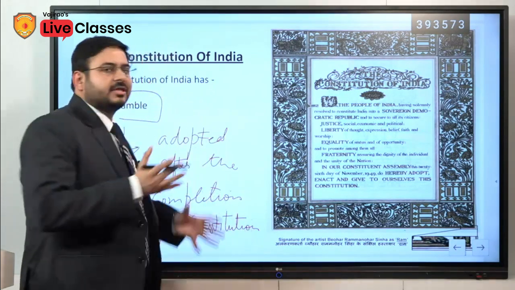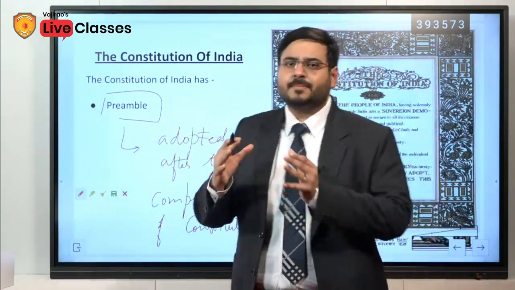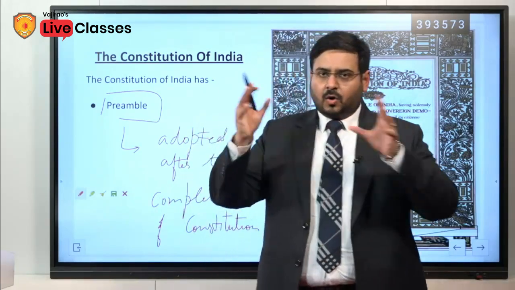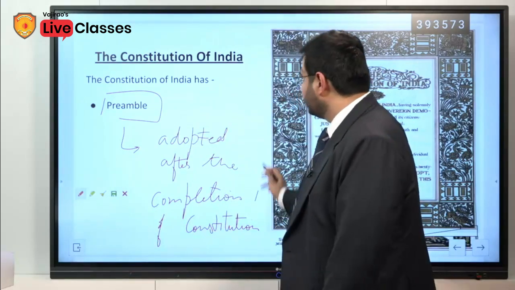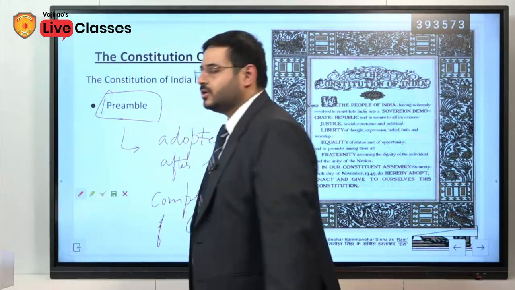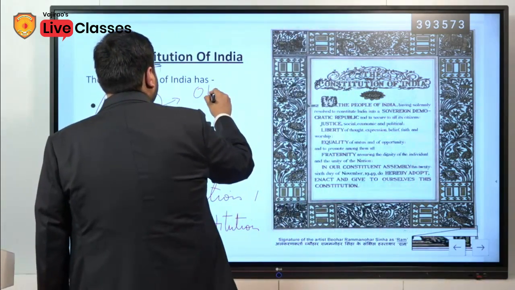So unlike the United States of America, where the preamble was adopted first and then the Constitution was written, in India the whole Constitution was completed and then we got the preamble. Okay. Preamble was introduced in the Constitution by the objectives resolution.